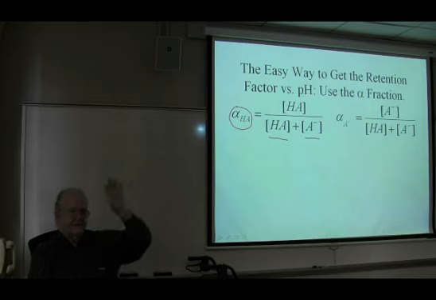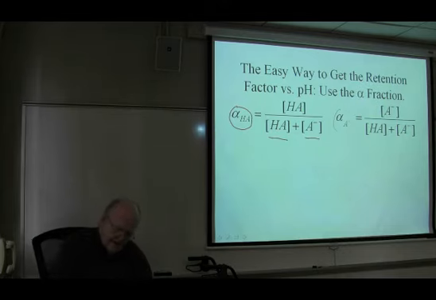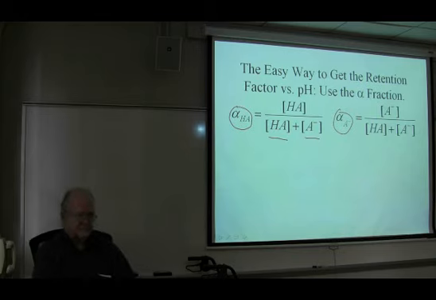So it's the concentration of the specific form relative to the total. HA plus A minus is the total of all of the Bronsted conjugate. Alpha A minus is simply 1 minus alpha HA, that's easily calculated to be concentration of A minus over the same sum as before.